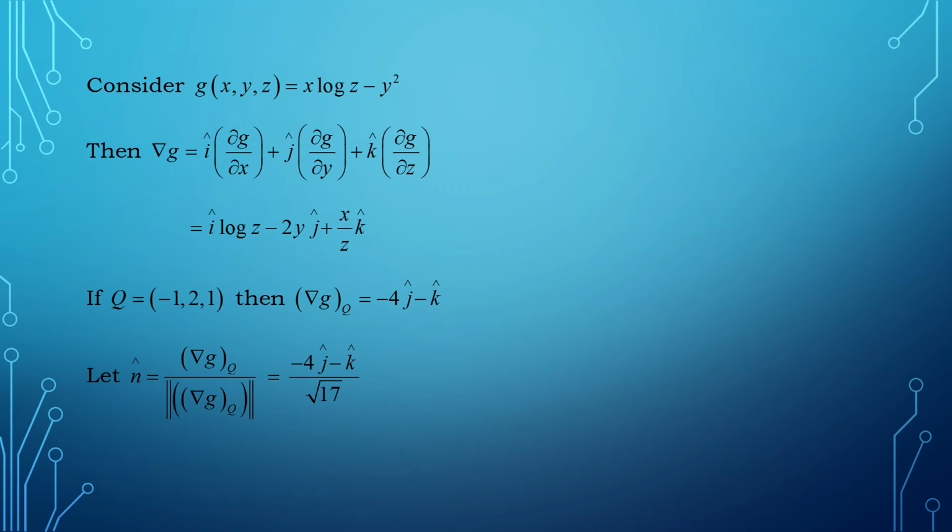How to find this unit vector n cap? n cap equals u cap by norm u cap. In this case, n cap equals del G at Q divided by norm del G at Q, which is equal to minus 4j cap minus k cap whole divided by root 17. This gives us the n cap.